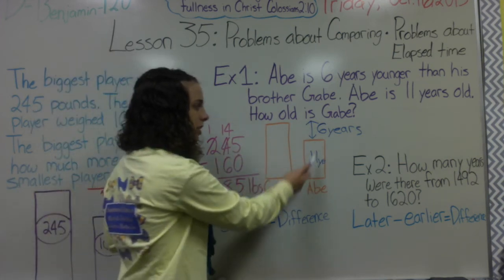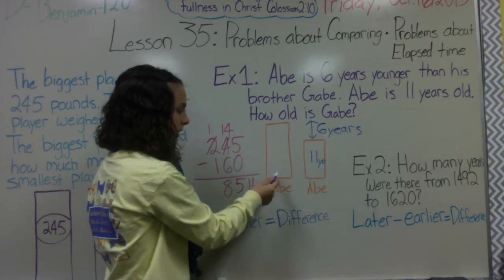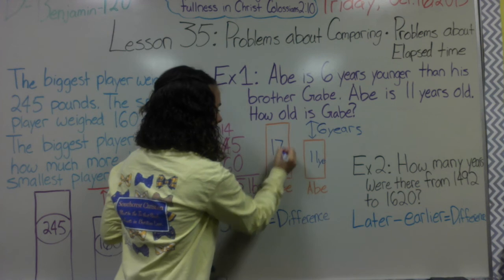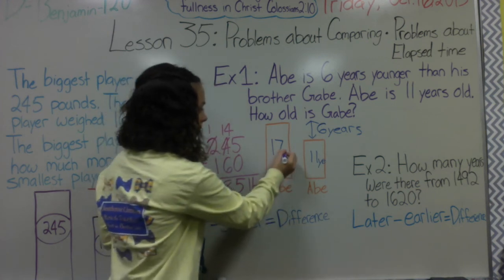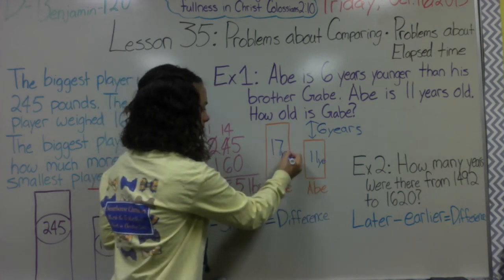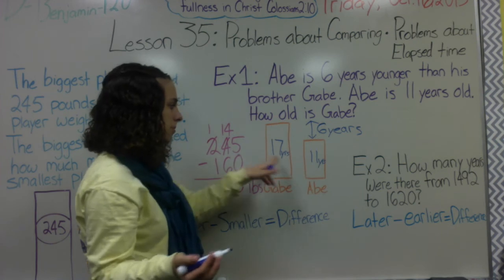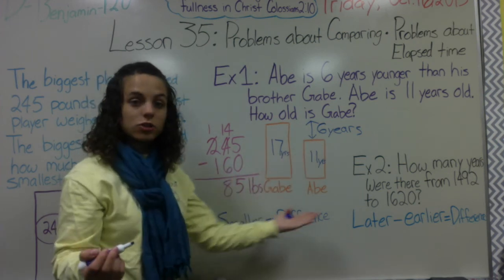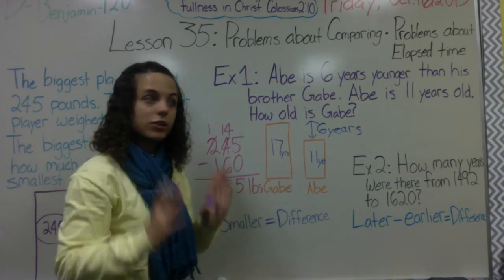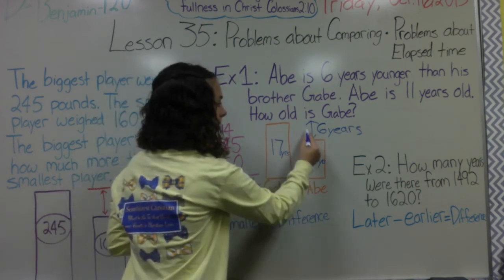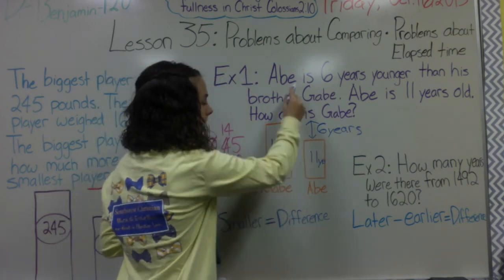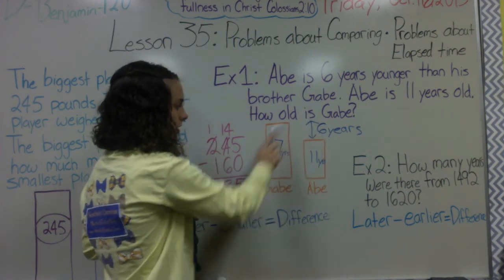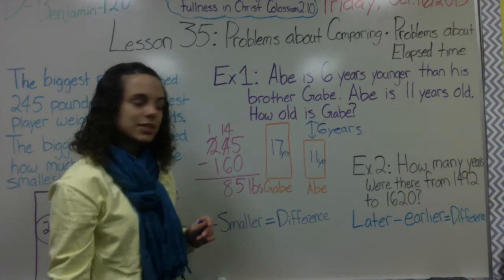I'm going to have to do 11 years plus 6 years to be able to figure out how old Gabe is, which would put him at 17 years old. So Gabe is 17 years old. That would be a missing number in a subtraction problem, so I do actually have to add to solve for that. Again, drawing pictures really helps. Be able to see the visual. I know this is my difference, how much are in between. Abe is 6 years younger, but he is 11 years old, so I put these two together to equal 17.